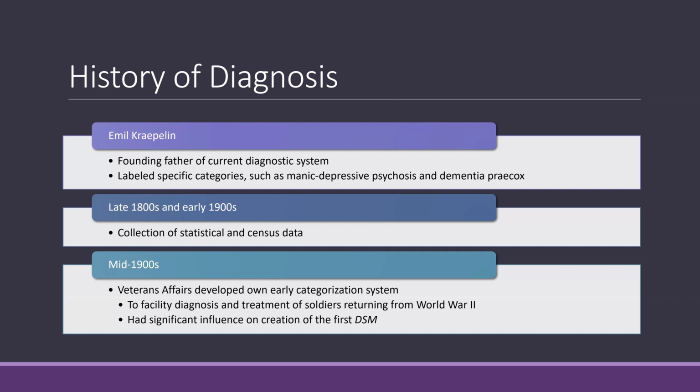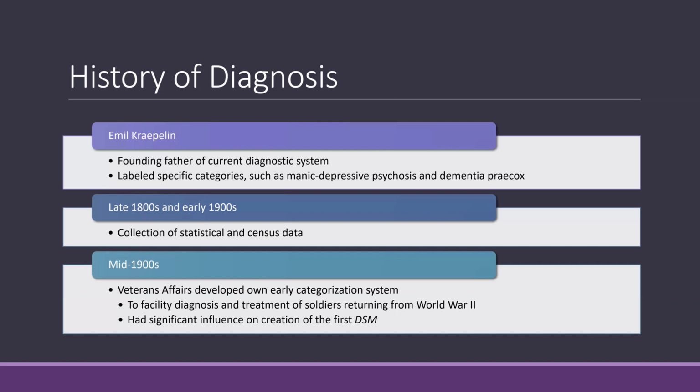From there, in the late 1800s, early 1900s in the US, there started to be an effort to collect larger data sets on people. So things like the census. And as part of the census, they included some items that captured people's either intellectual functioning or having a psychiatric disorder.